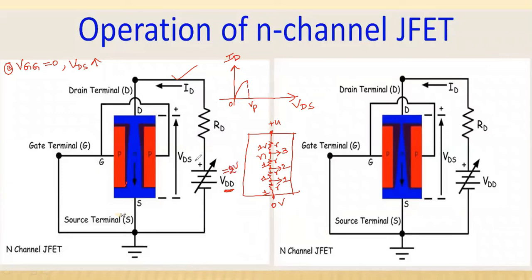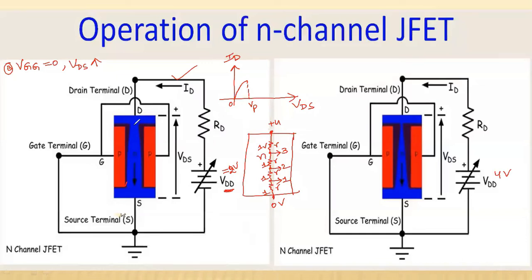So therefore the width of the depletion layer is less here. And one more thing, this width is more near the drain and less near the source. And if you go on increasing the applied voltage, now in this case it is 4 volts. Now what happens? More reverse biasing will be there near the drain, so depletion layer width will be more compared to the previous case.